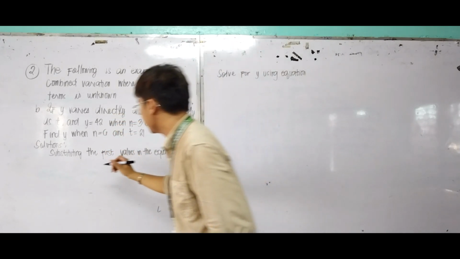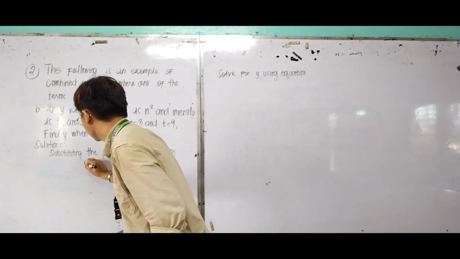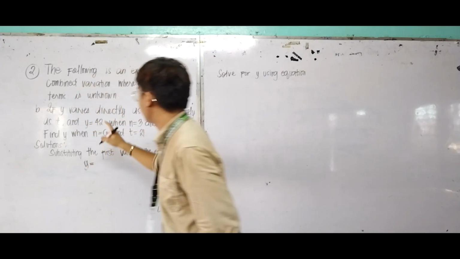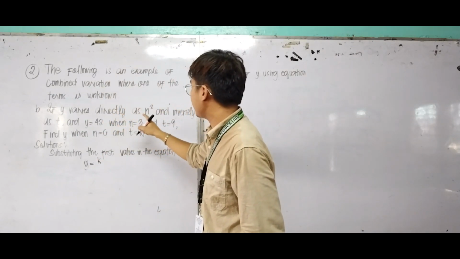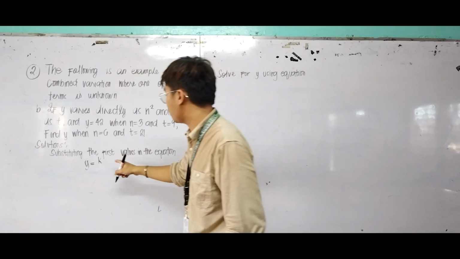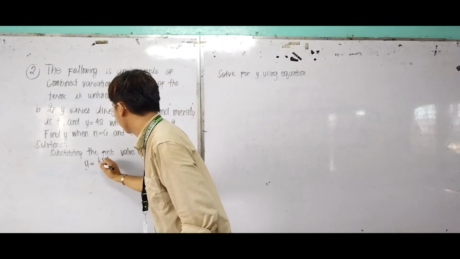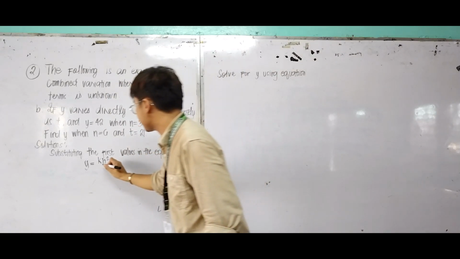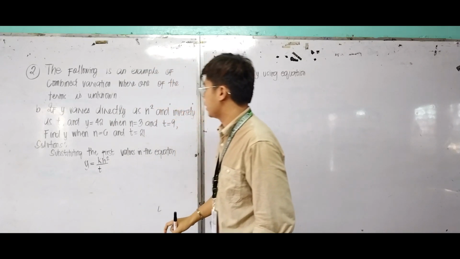So y equals k, directly as n squared, that means you need to multiply n squared beside k, and inversely as t. So you need to write t as your denominator.